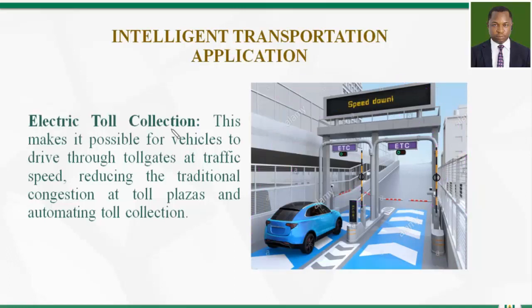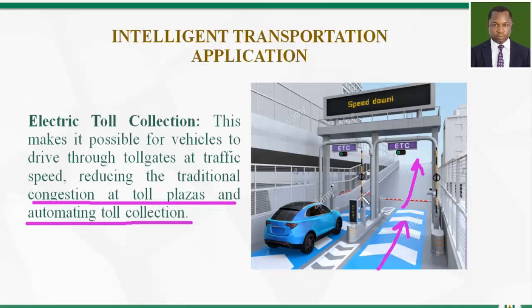So the electronic toll collection makes it possible for vehicles to drive through toll gates at traffic speed. There will be no over speeding. You need to go slowly, make your payment, and then zoom out, reducing the traditional congestion at toll plazas and automating toll collection.